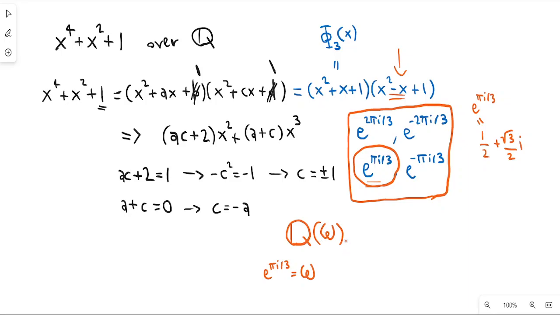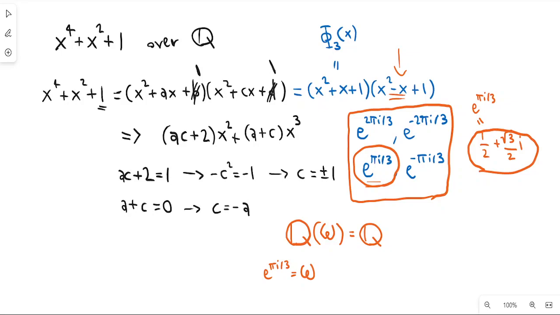Either way. But what's an explicit way to write this, or what's the simplest way to write this? Well, again, e to the pi i over 3 is this number here, right? And everything in here is rational except for the square root of 3 and the i.